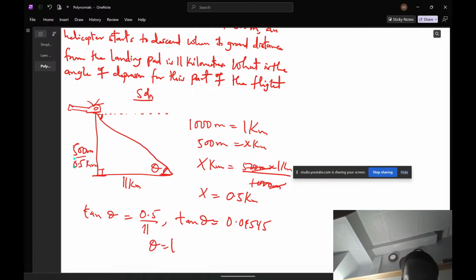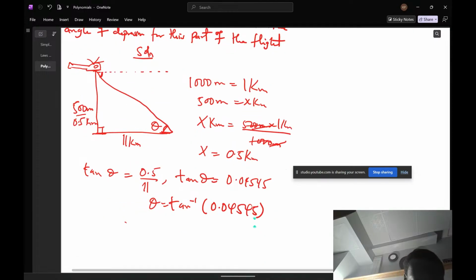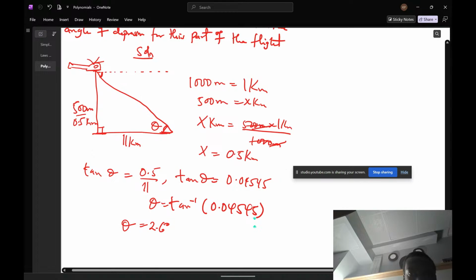So theta equals arctan of 0.04545. If we find the arctan, we get that theta equals 2.6 degrees. So the angle of depression for this part of the flight is 2.6 degrees.